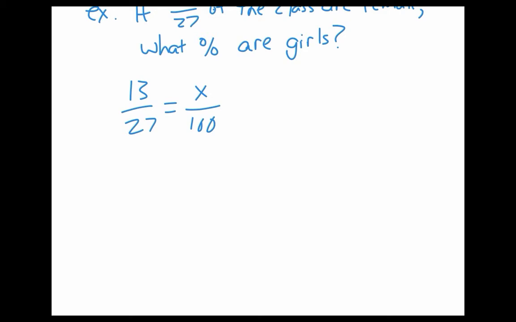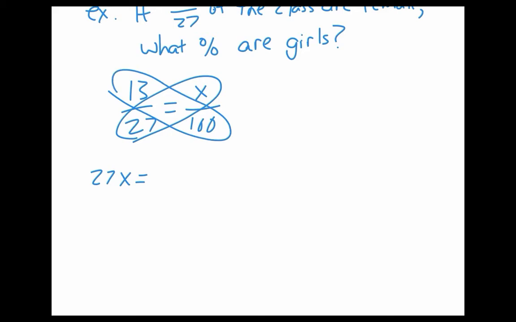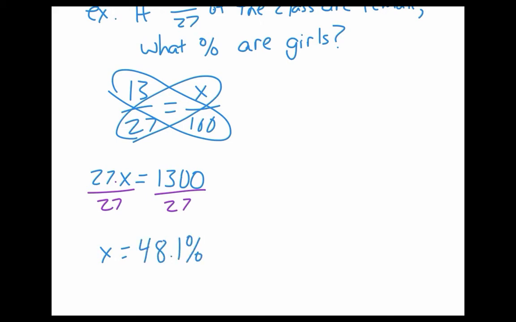So 27 times x gives 27x equals 13 times 100, which is 1,300. To get x by itself, I divide both sides by 27. So x is 48.1%. So 48.1% of the class is girls.